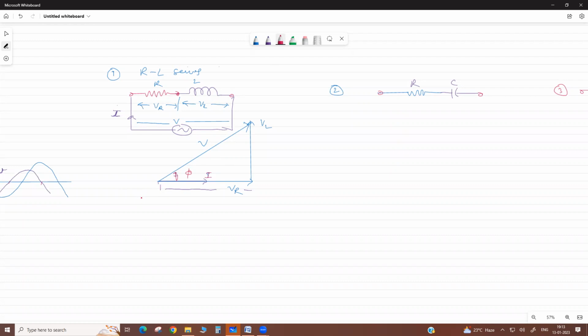So this is the power factor angle, okay? In this case, cos phi is the power factor. If the angle is less than 90, then it is a lagging power factor, okay? 0.8, 0.7, whatever it is.